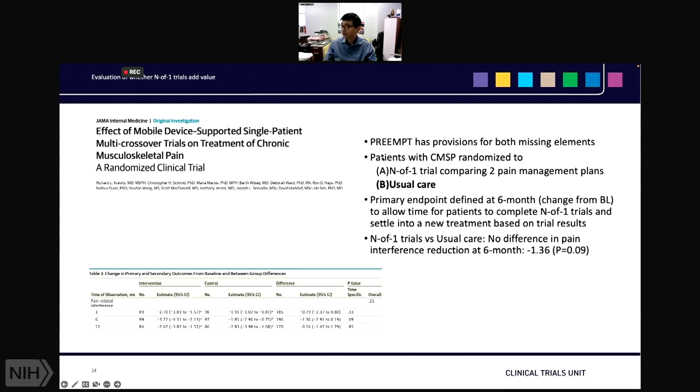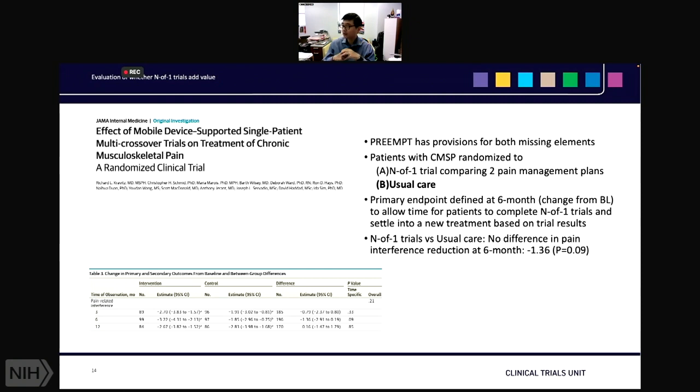So again, the participants will be randomized to the N-of-1 trials comparing two pain management plans, and at the end of the study, the goal is to look at the primary endpoint defined as 6 months on the PROMIS scale, pain interference.